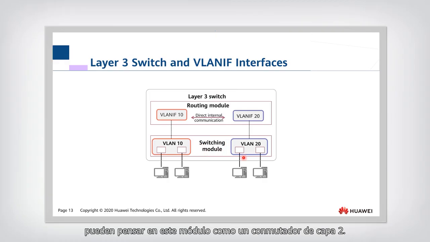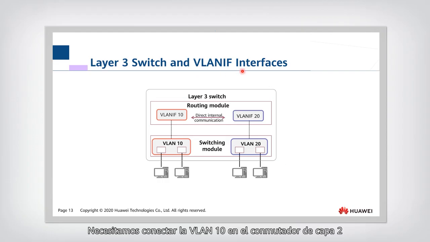You can think of this module as a layer 2 switch. And we have another module, which is the routing module, or the layer 3 module. You can think of that as the router, but actually we put the layer 3 router and layer 2 switch together into one device.